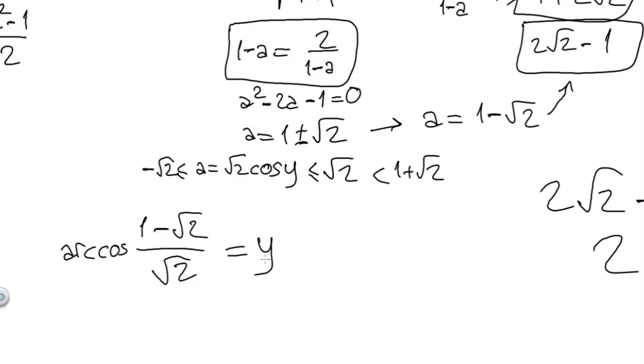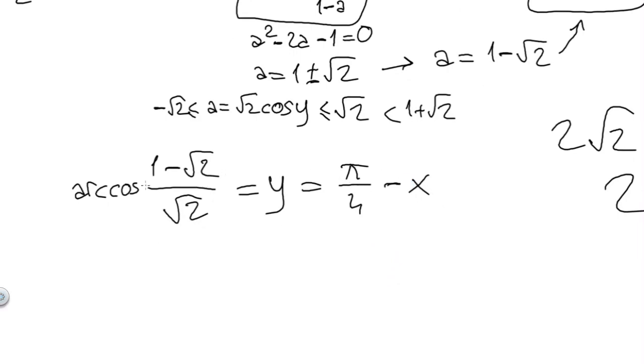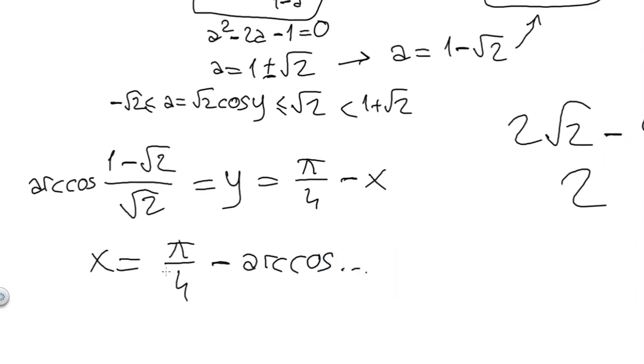And I also said that y was pi over 4 minus x. So from here, if I just swap x and this thing, x is just going to be pi over 4 minus this thing. Okay, I don't want to write it, arc cosine. This thing. So this is the best x we can get.